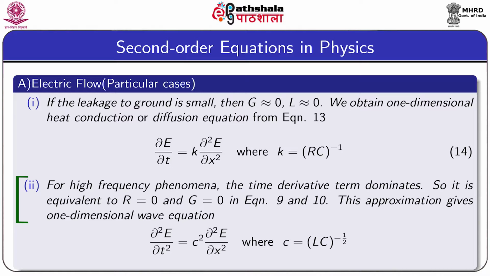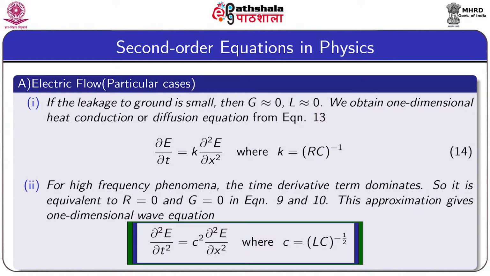So, one can assume R equals 0 and G equals 0 in equations 9 and 10, and we get del 2E del t square equals c square del 2E del x square, where c equals (LC) to the power minus half.